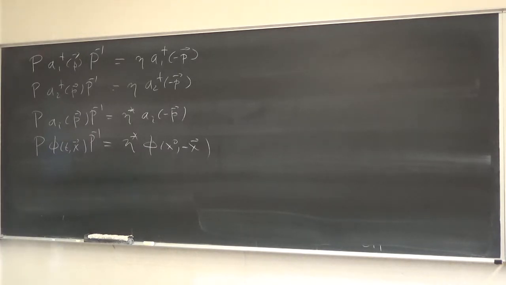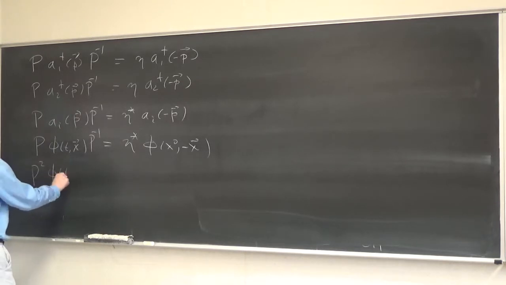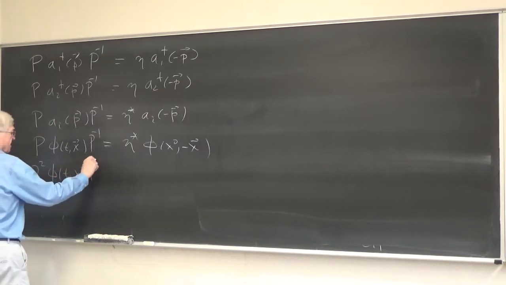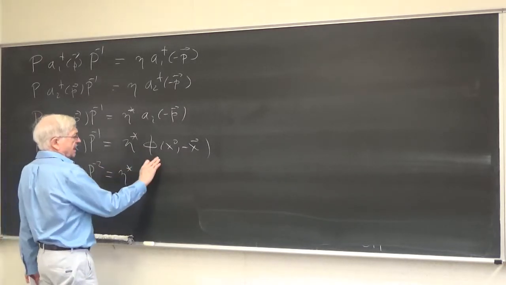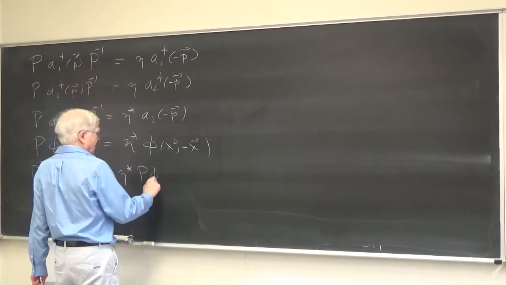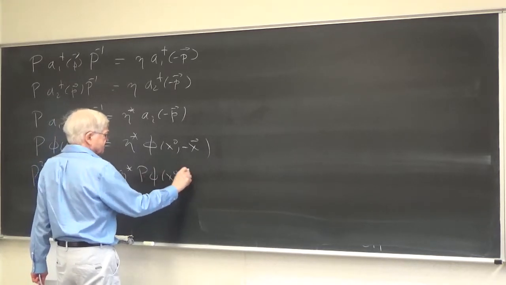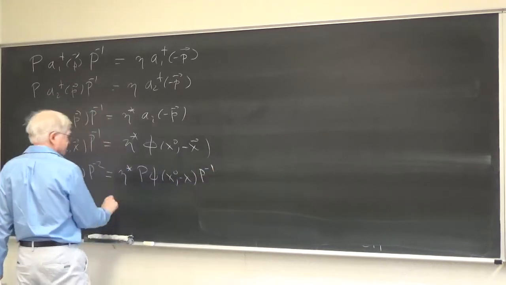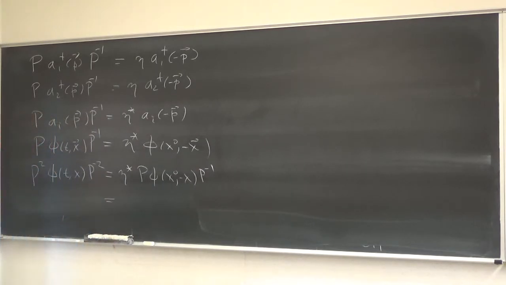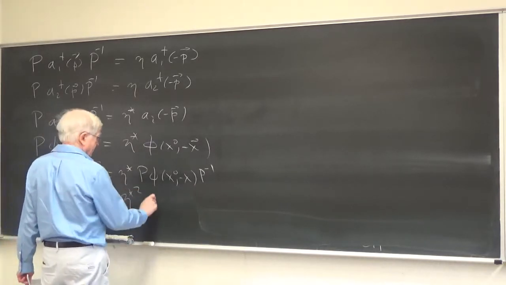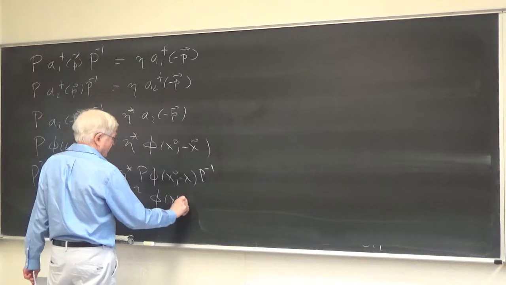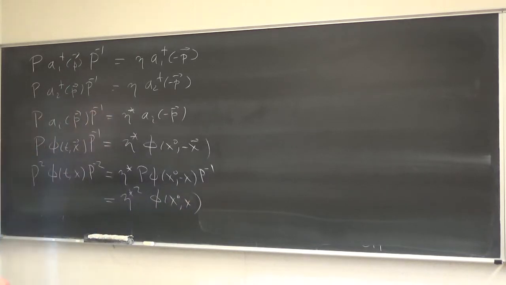Now, if we do the thing again, we then have p squared phi of t and x, P inverse is eta star p phi of x0 minus x, p inverse, and so this is eta star squared phi of x0 and x.